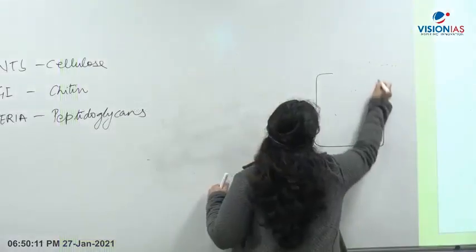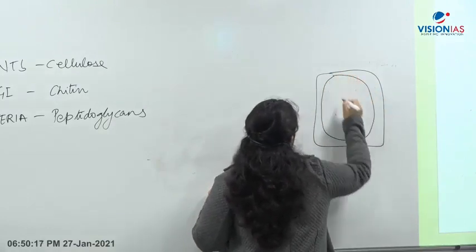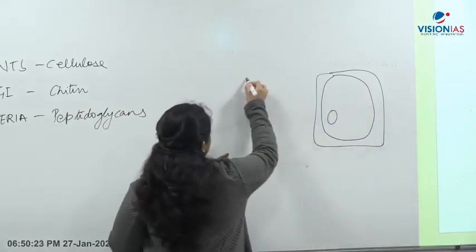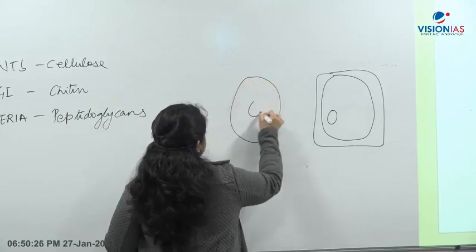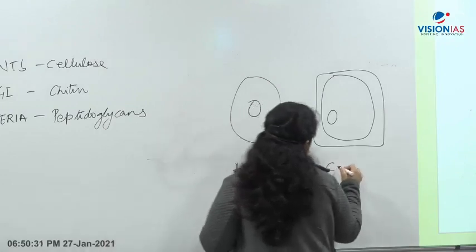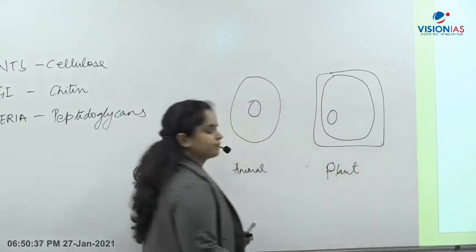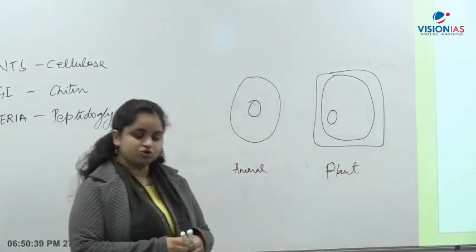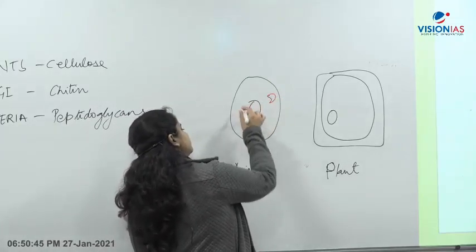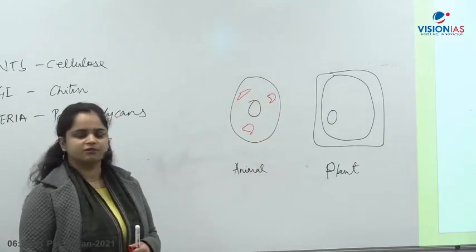This is a plant cell, right? I have drawn a cell wall, a cell membrane, and here we have the nucleus. This, on the other hand, is an animal cell and the nucleus. Vacuoles are storage structures. So, in animal cells, there will be multiple smaller structures, which will be the vacuoles.